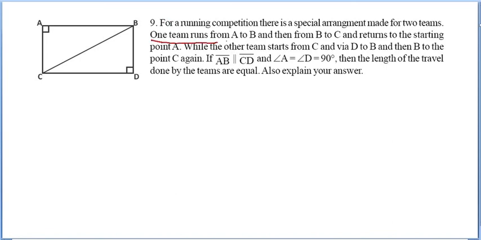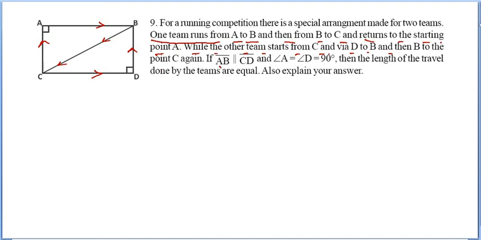One team runs from A to B, and then from B to C, and returns to the starting point, point A. While the other team starts from C, goes via D to B, and further comes back to C.